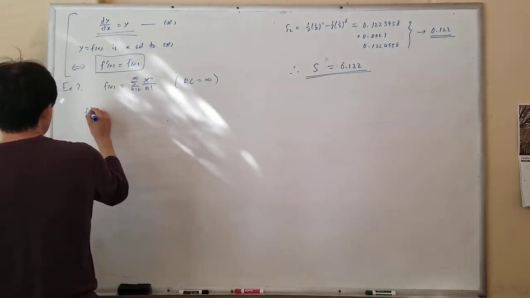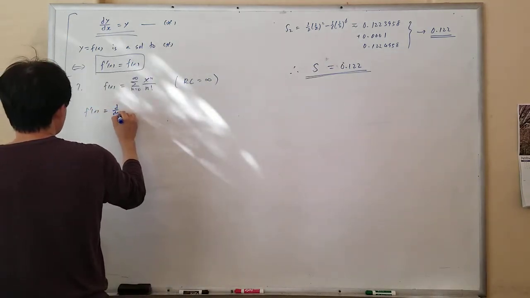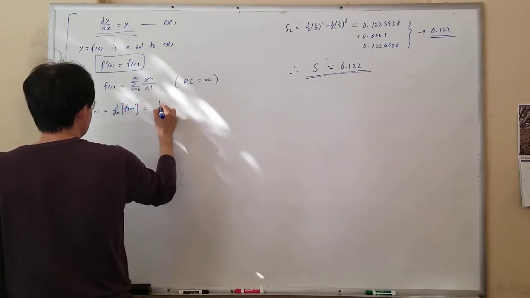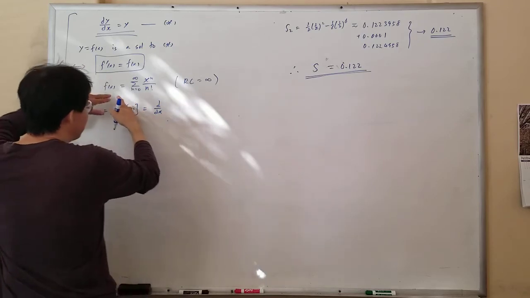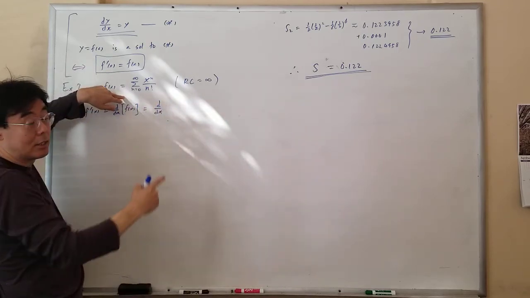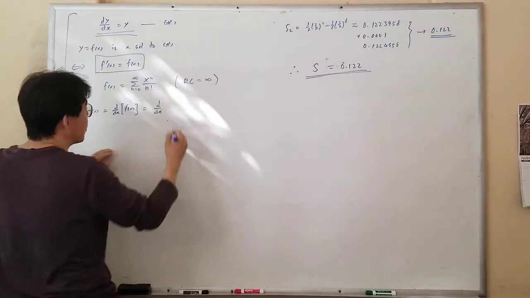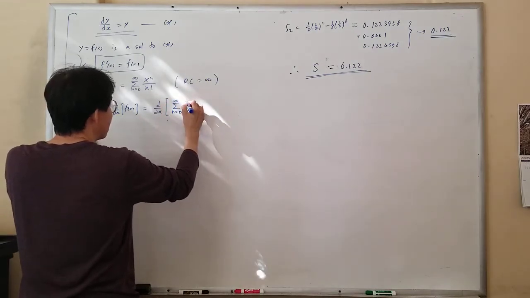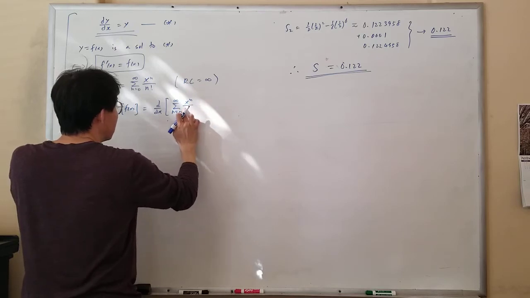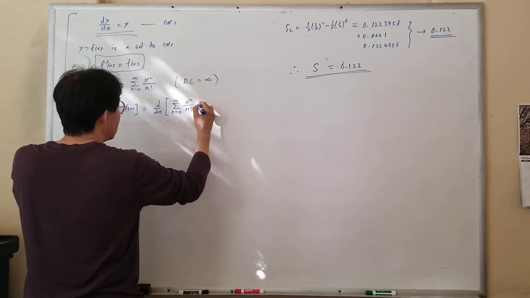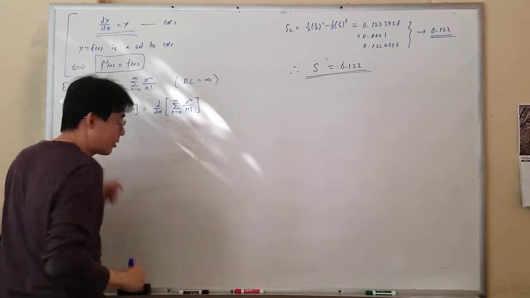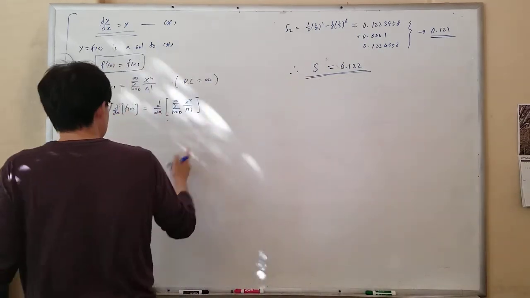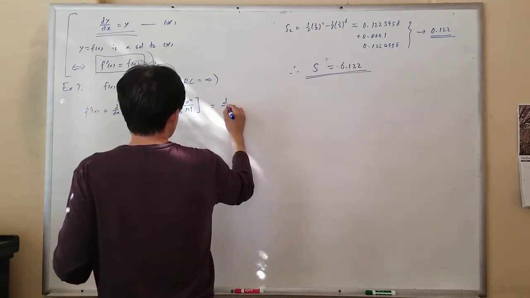f prime of x, derivative of what? Now, when your function has a power series representation with this radius of convergence, then the derivative of that will be given by term by term differentiation, right? I'm going to rewrite it here.